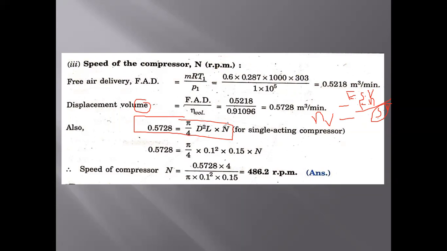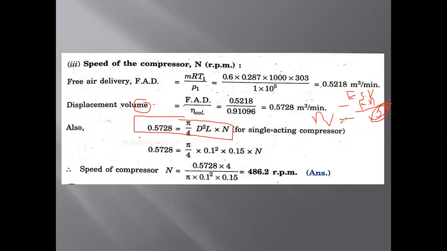This n depends on the number of strokes, and on whether it is single acting or double acting. It depends upon the problem he has given. So first of all, we can find this displacement value, the swept volume, so that we can get the speed here. That's why we have taken this formula.